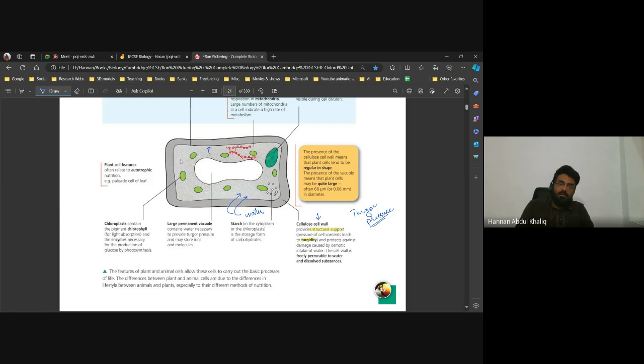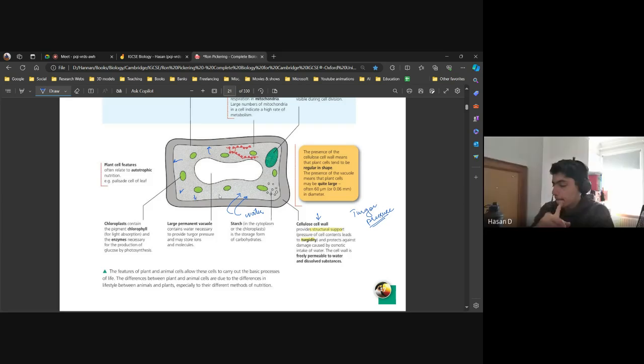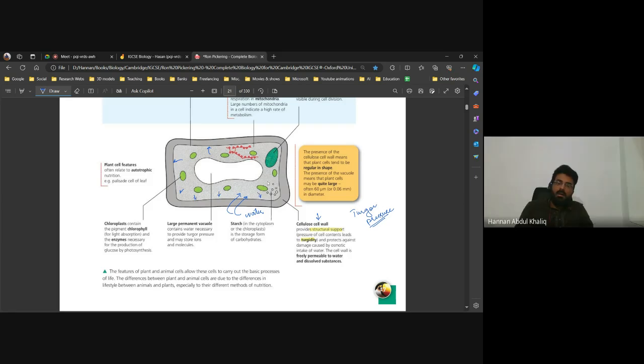From all sides the water applies pressure, and this pressure is called turgor pressure.